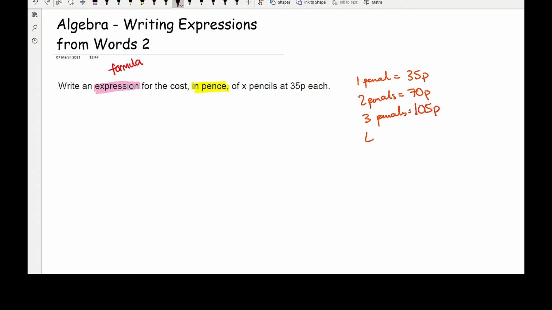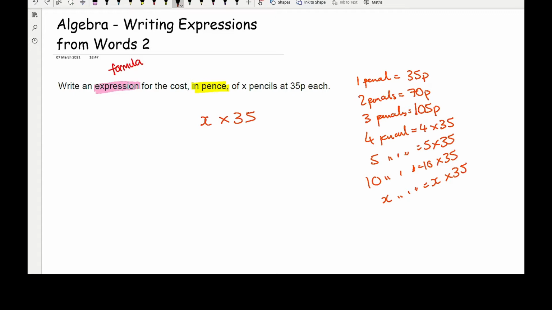But another way of writing this is that 4 pencils will cost 4 times 35. 5 pencils would cost 5 times 35. 10 pencils would cost 10 times 35. So x pencils would cost x times 35. So here I've got x times 35, which would then give me 35x as my final answer.